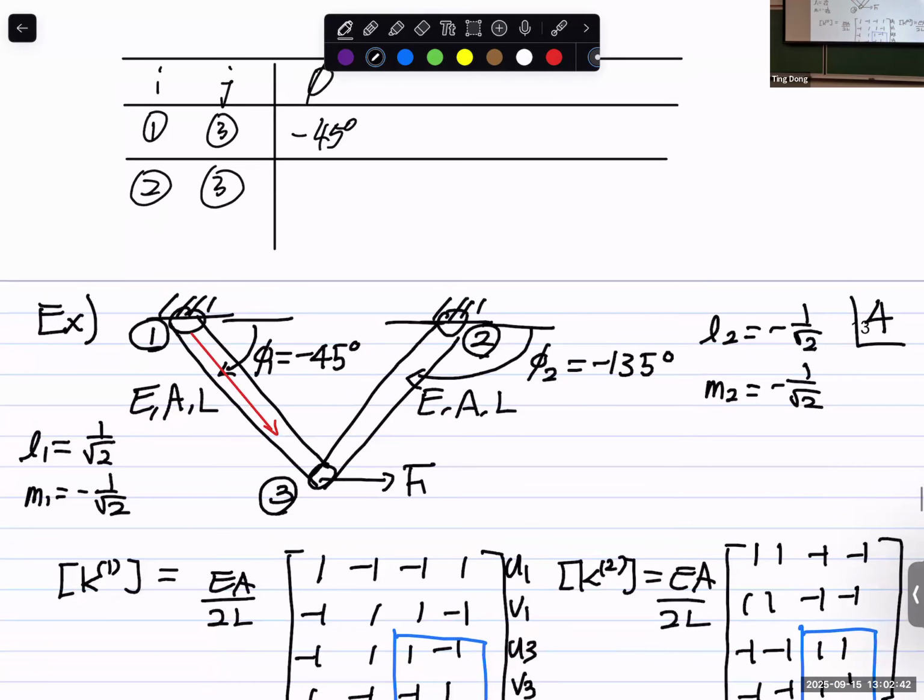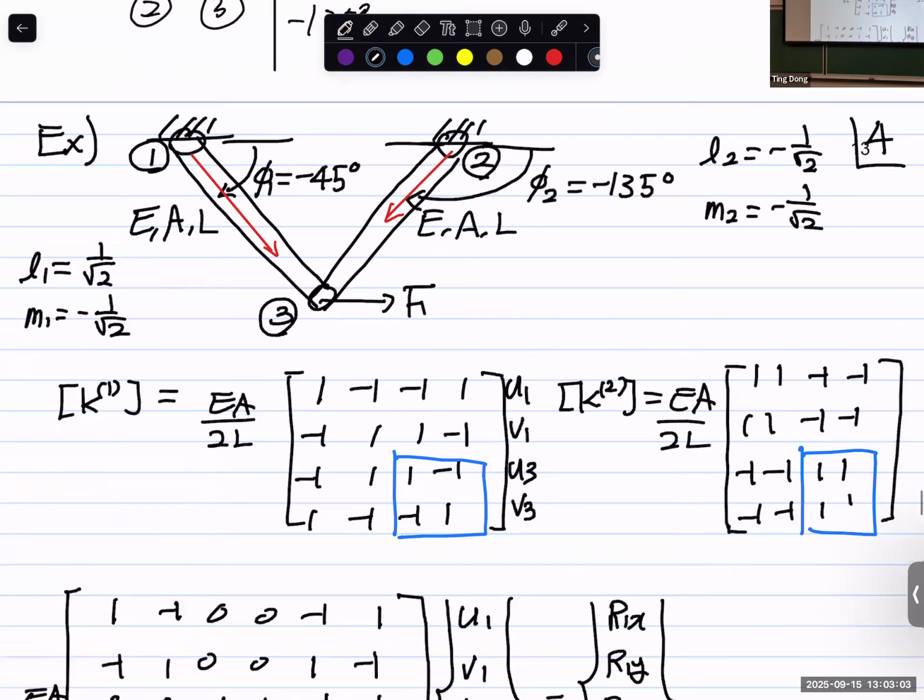If I define from 2 to 3, the first node is node 2 and the second node is node 3, then this is the local x direction, and this angle becomes negative 135 degrees. We have the corresponding L and M, cosine and sine values, put them into the matrix and do the assembly. That is also correct.